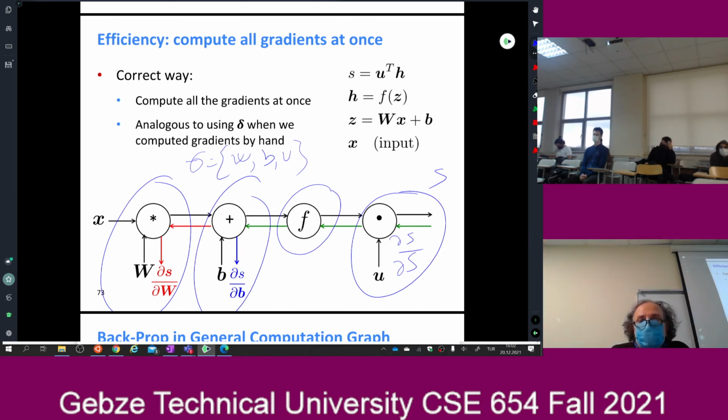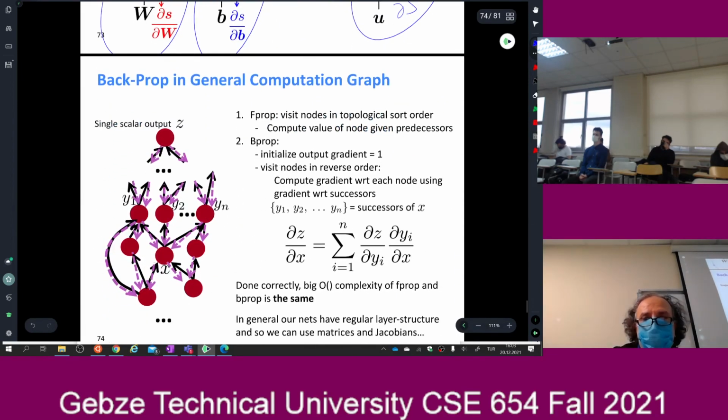Remember, we don't know the values of U, B, and W. At every gradient descent step, we change their values and push them towards a better place, at least what we think is a better place. It may not be. After testing it, we are going to see.